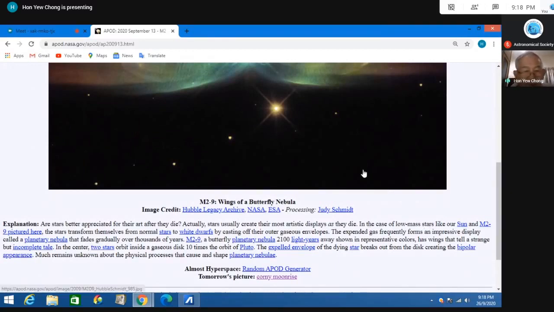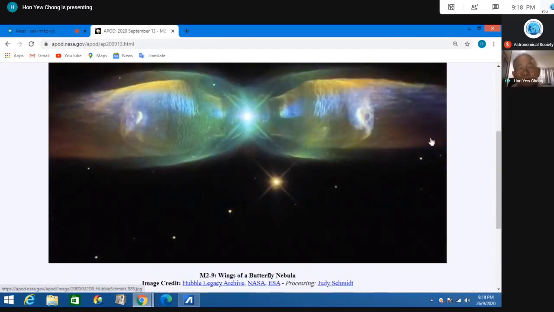This is an example of a bipolar appearance. Whenever you have a bipolar appearance, you straight away say there's a binary star inside. Right in the center, there are two stars orbiting around each other, and one of them may die earlier. Before it dies, it pops out a lot of gas, dust and material, and because of the two stars orbiting each other, we get two lobes, two ears sticking out.